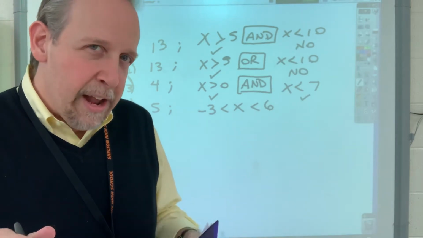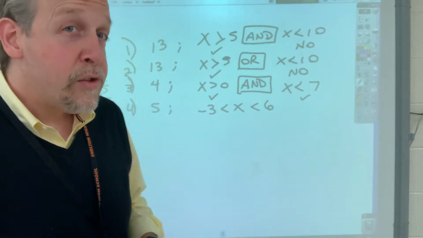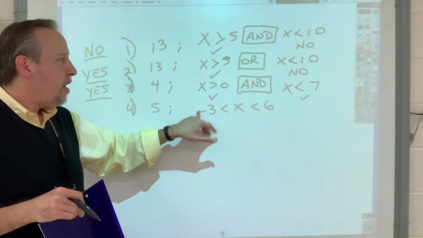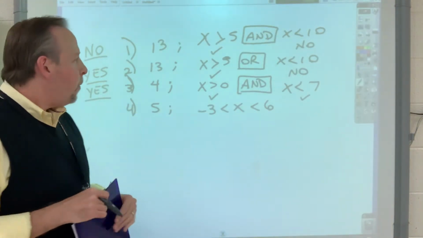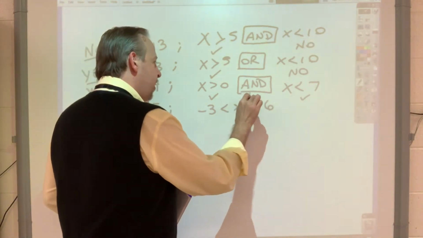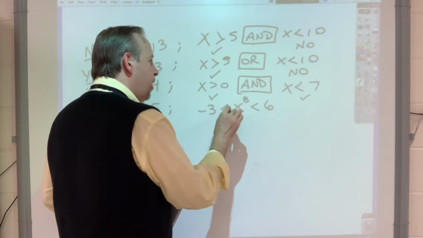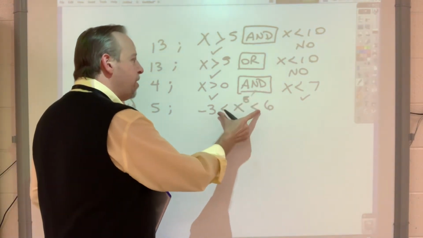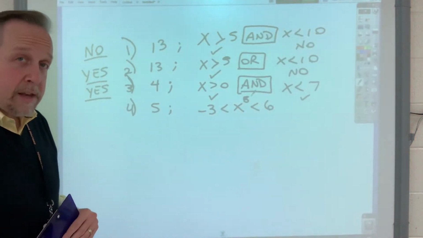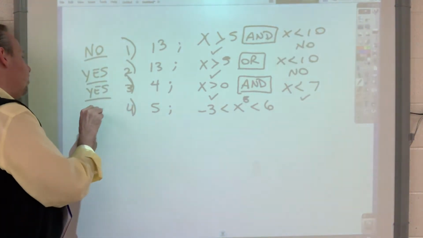It's an and problem. So is x between -3 and +6? Well, the number 5 falls less than 6, somewhere in there. And because it is within those two bounds, what's the answer? Yes. Yes, it is a solution.